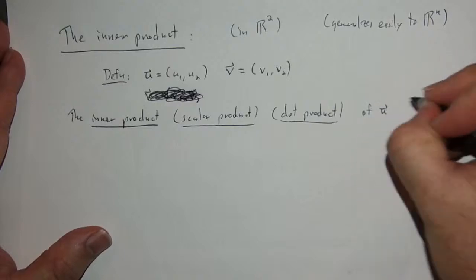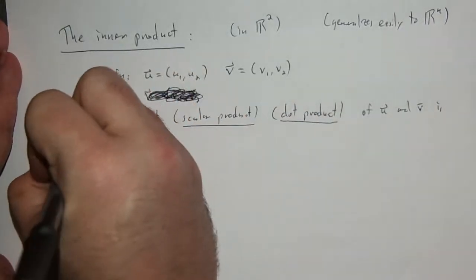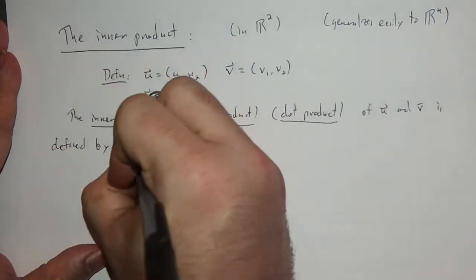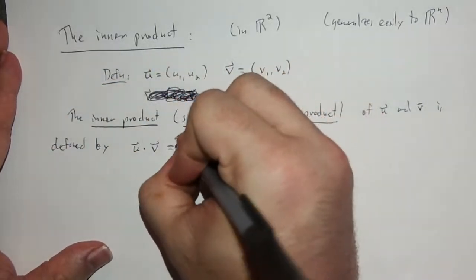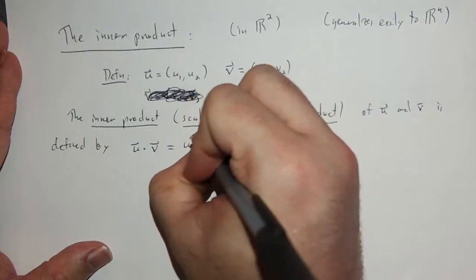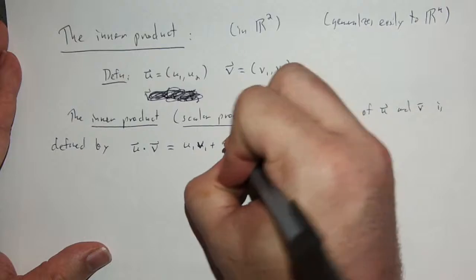The inner product of u and v is defined by, you already know what the dot product is: u dot v is u1 v1 plus u2 v2.